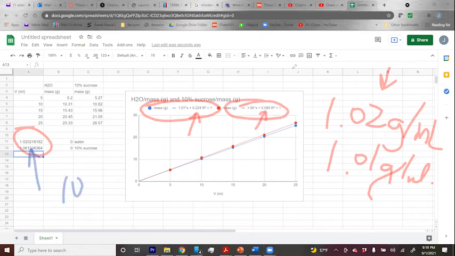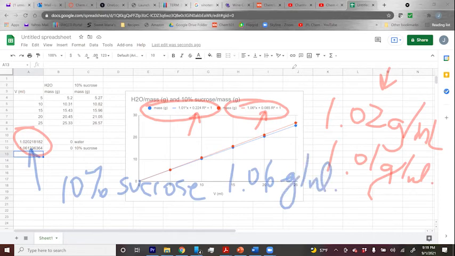So 10% sucrose has a higher density, which it should, of 1.06 grams per mil. And so this should just keep increasing as you add more and more sucrose. I think it might even go up to like 1.5 grams per mil at the end, or maybe even more than that. It gets pretty viscous.